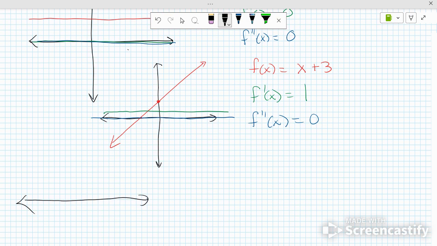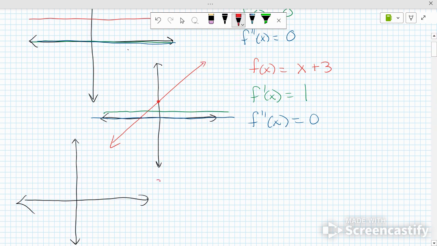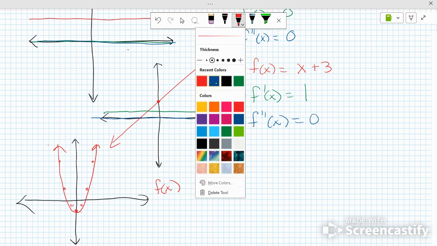This time I'm not going to give you the equation. I'm so mean. F of x will be in red. That's f of x. What in the heck will its first derivative look like?